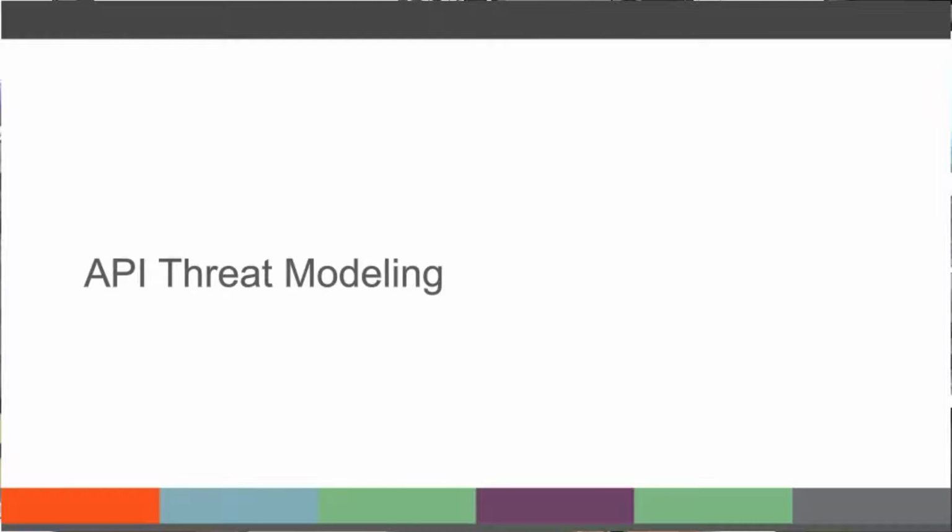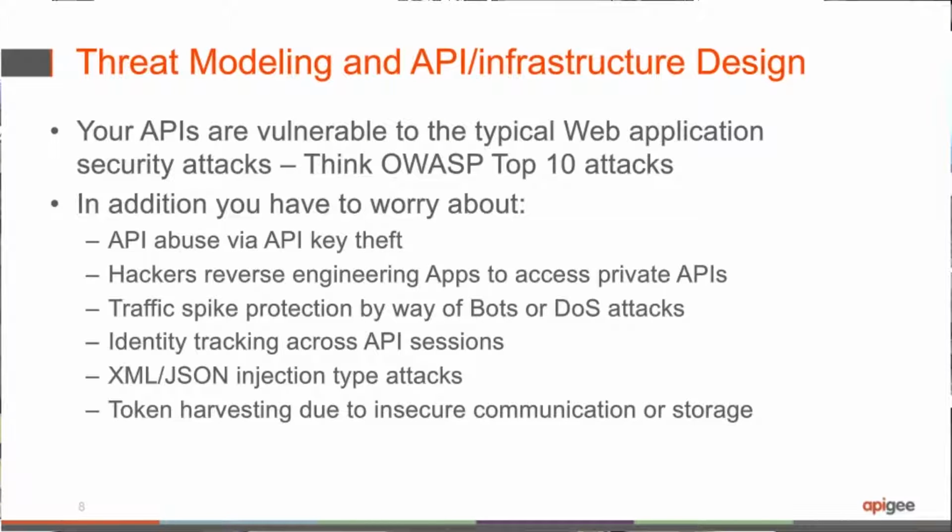The reason this is important is that once you understand the stakeholders and the threats that are potentially going to be exposed, you'll be able to create a threat model, which we'll walk you through. Let's talk about threat modeling. The idea is that you have to do it early in the product design.